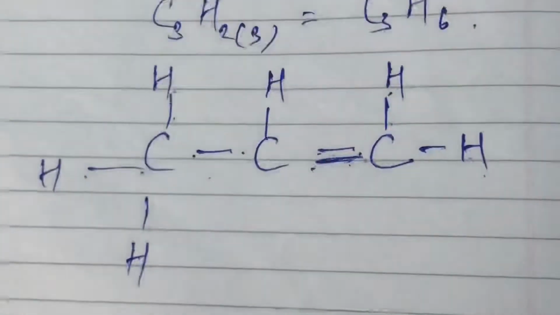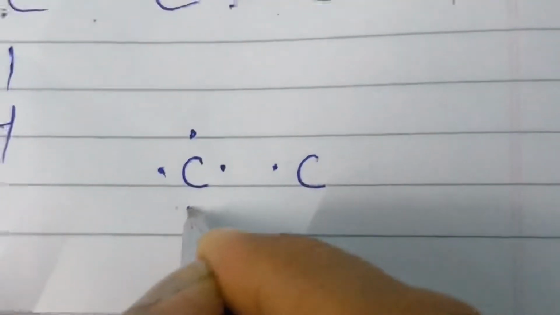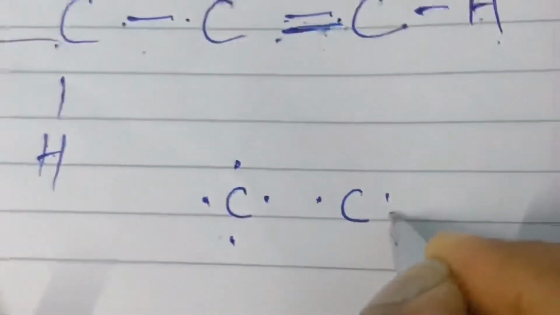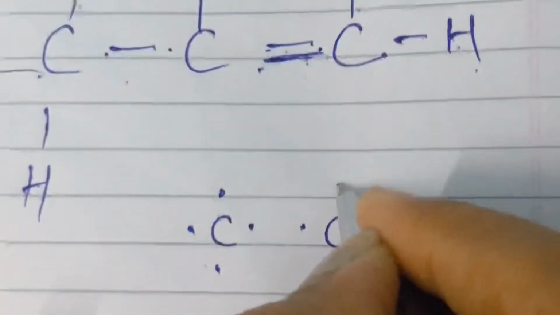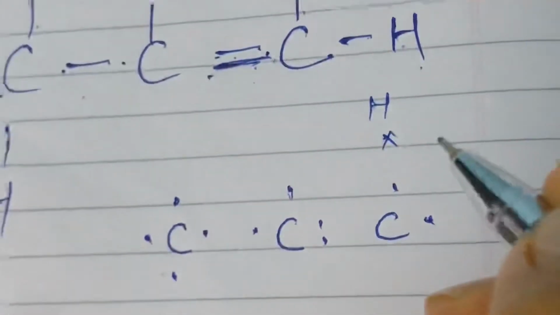So can we make the electron dot structure for this also? How will we make it? This one carbon. Just follow the way you have made structures, then you will not get confused with anything. If you do not follow the structure properly, you will get confused again and again.